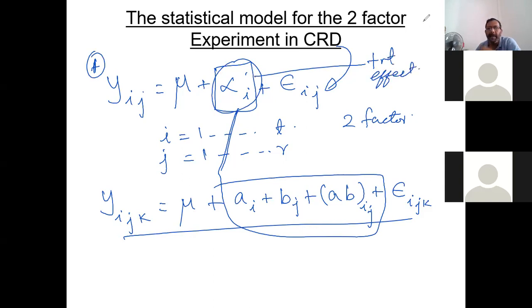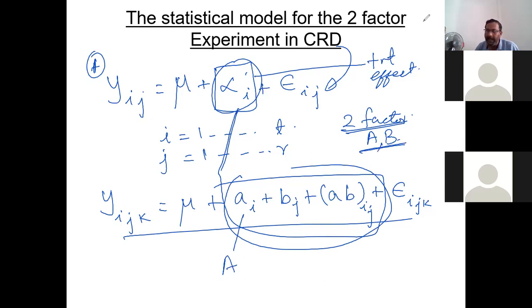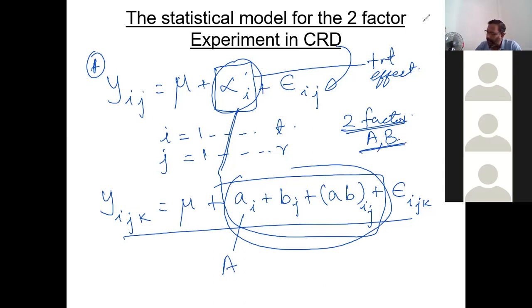So this treatment effect is going to split into these component effects. How many factors are there? In this example, 2 factors. So this is going to represent factor A, and this is going to represent factor B. What about this? Anyone?